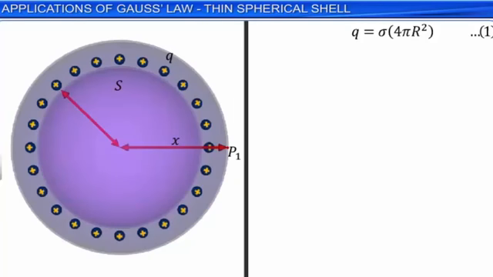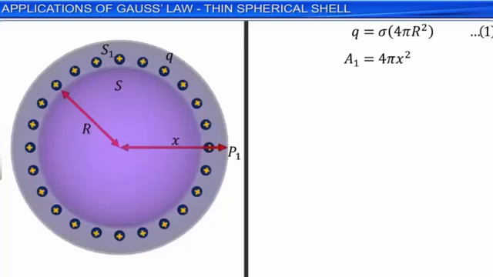For this, let us imagine a sphere S1 of radius x around the charged thin spherical shell. Here, x is greater than r. This imaginary sphere S1 of radius x is a closed surface and it has area A1 equal to 4 pi x square.